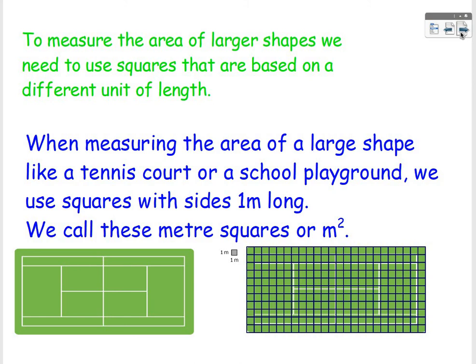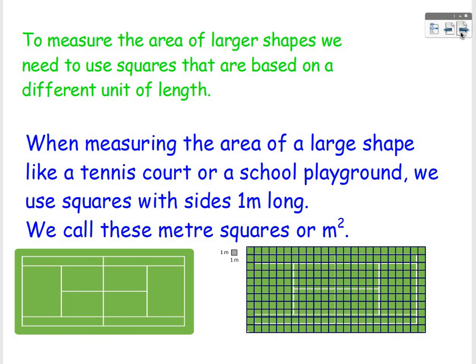You're talking here roughly the size of the area covered by half the door. So think about the door into the classroom. If we were to chop that horizontally across the middle and we take the top or the bottom half, that represents roughly 1 metre squared.